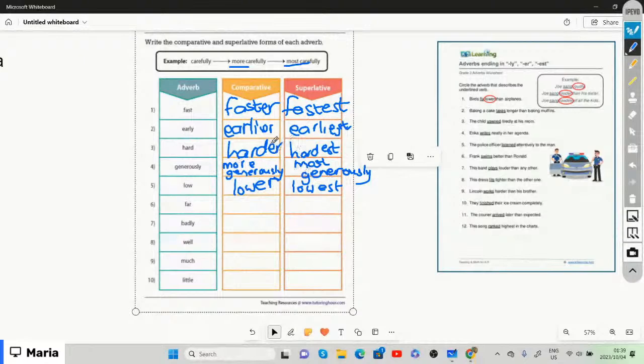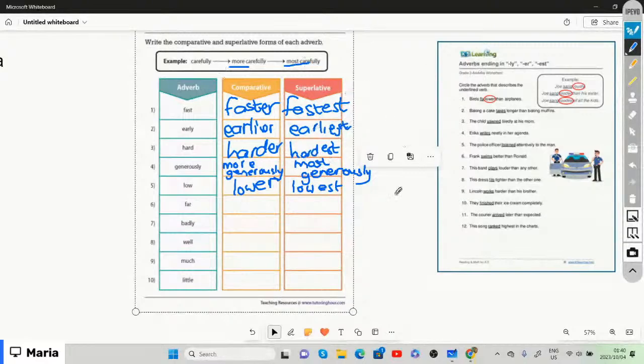Which one do you think we need to say? We'll come back to far. Let's go to badly. So we have badly, right? And badly is two syllables, right?